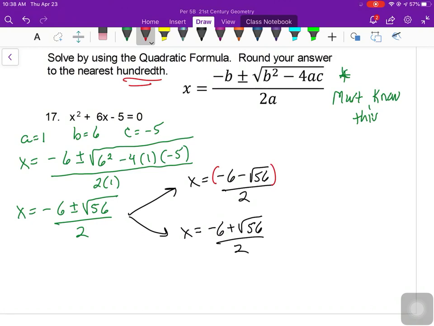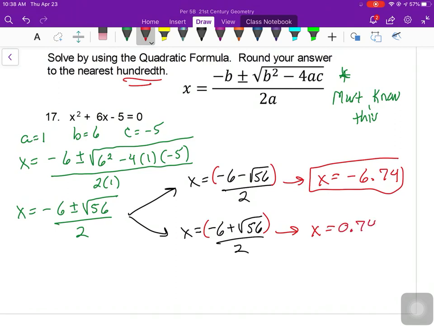When you put it in the calculator, don't forget parentheses around the whole top. So for the top one, when we use the minus sign, we get x equals -6.74. For the bottom one, when we use the plus sign, we get x equals 0.74. And that's the quadratic formula.